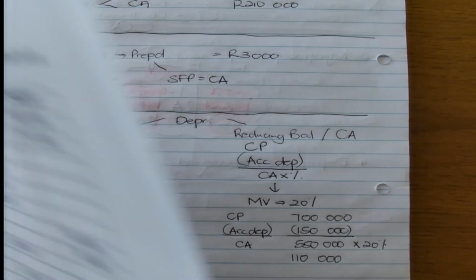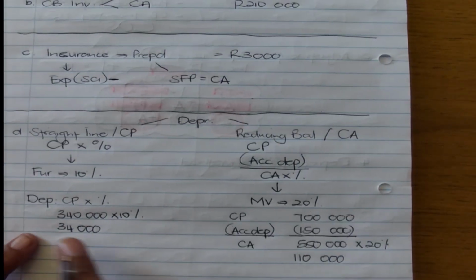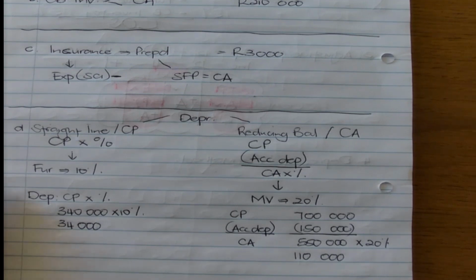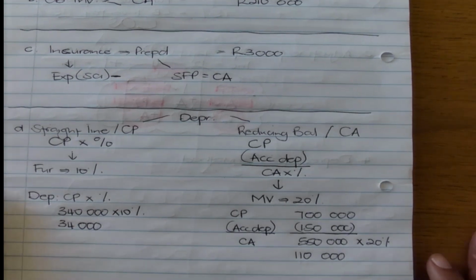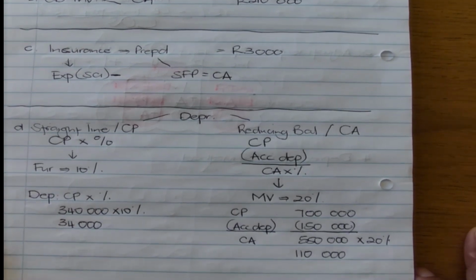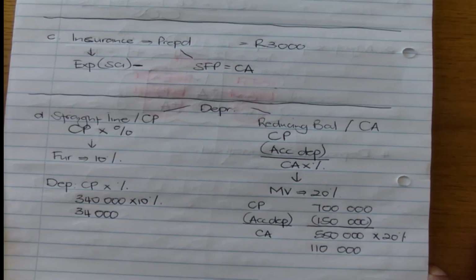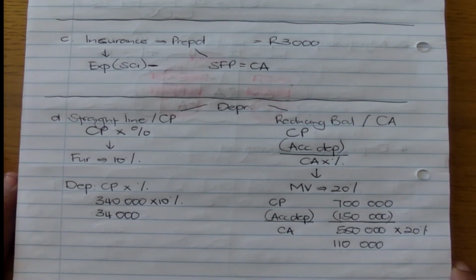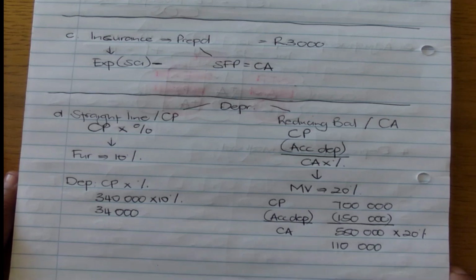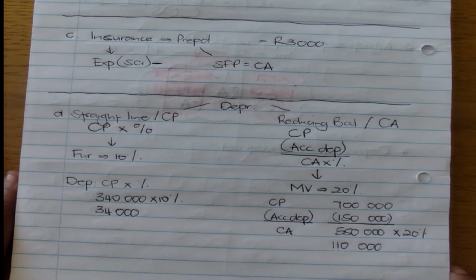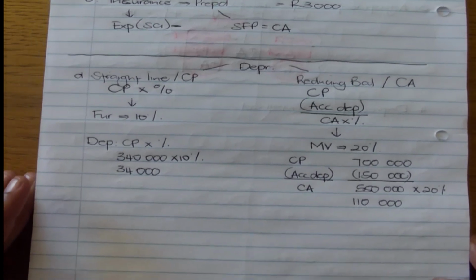Okay, now I have a question for you, right? This is depreciation for this year. Remember when I explained retained earnings, I told you that retained earnings and depreciation work the same. It's exactly the same thing, but it's just a different name based on the year. Let me show you what I mean.